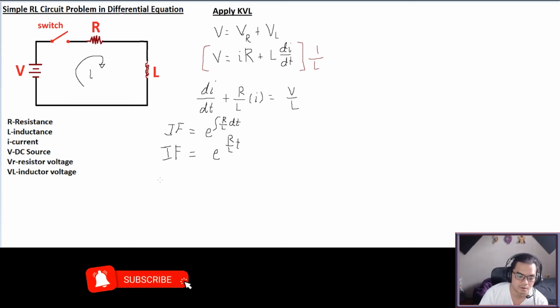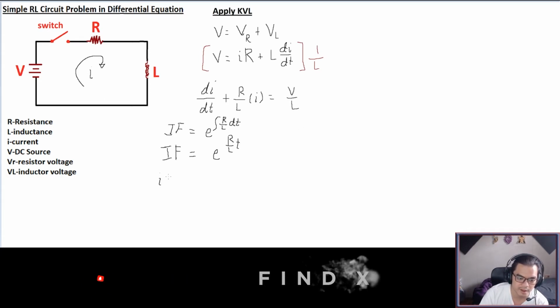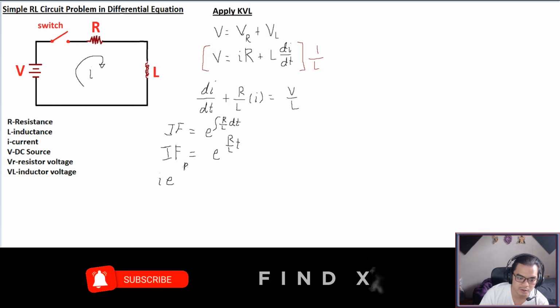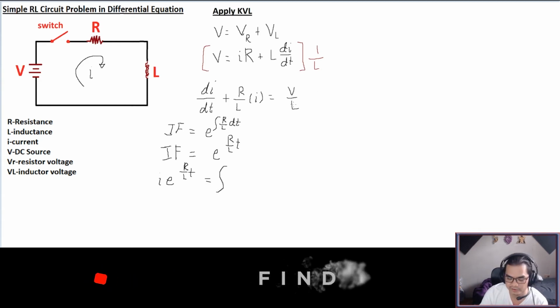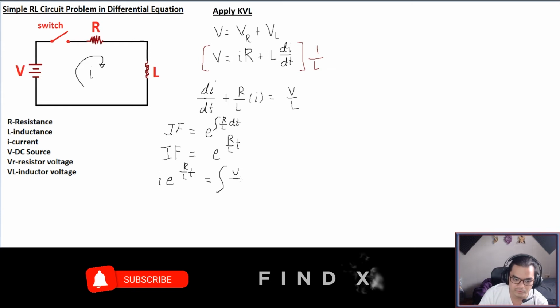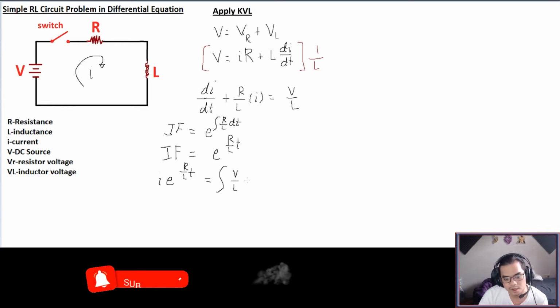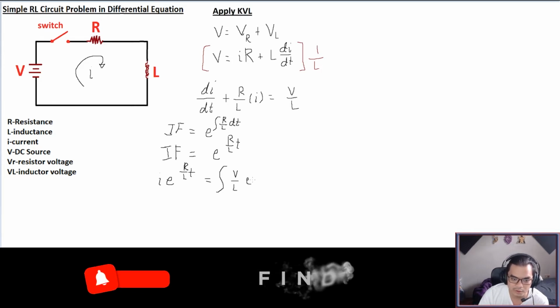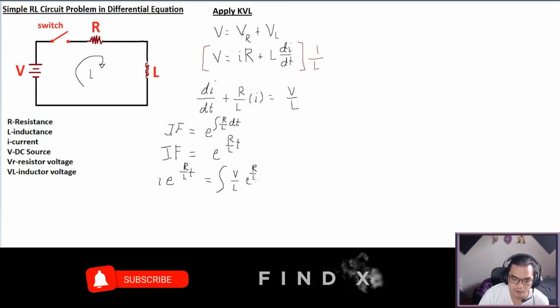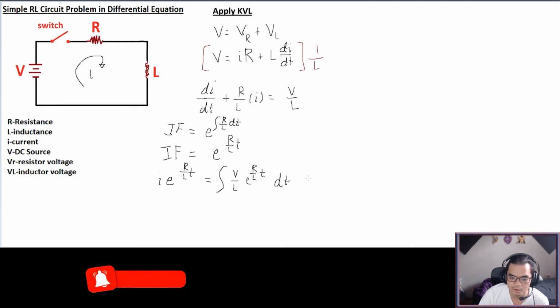Now, getting the solution, since this is linear in I, it will be I times the IF, e raised to R over L t, equal to the integral of the right side, which is V over L times the IF, e raised to R over L t, dt, plus C.